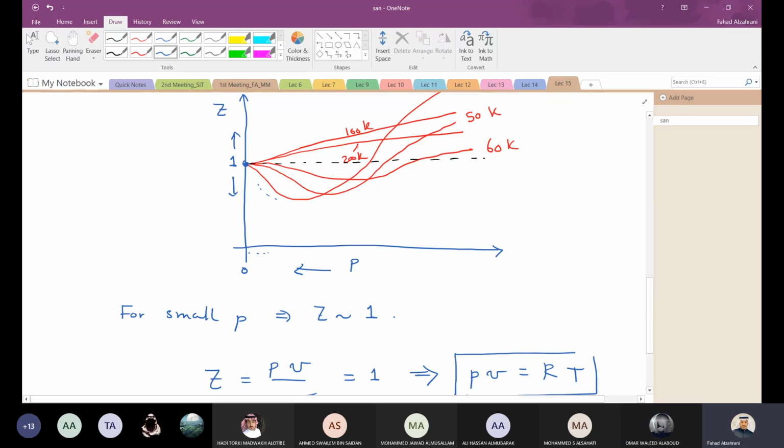It could be below 1, it could be above 1, it's fine. And as the P goes to 0, the Z tends to go to 1.